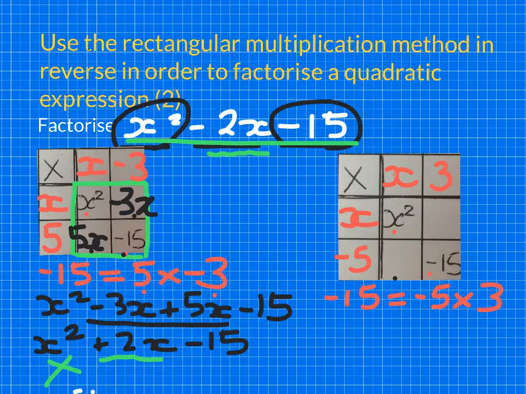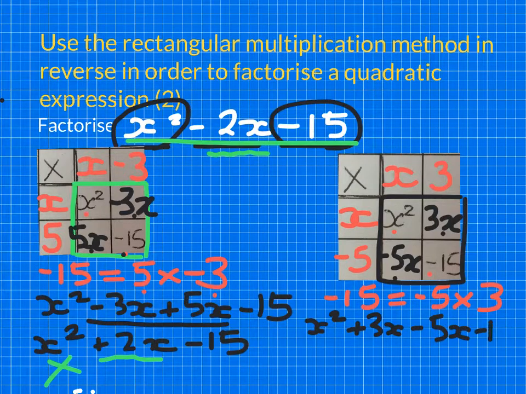In this rectangle, we've got x times negative 5, which is negative 5x. And in this one we have 3 times x, which makes 3x. Writing out in full what we have in our rectangle to make the total area, we have x squared plus 3x minus 5x minus 15.